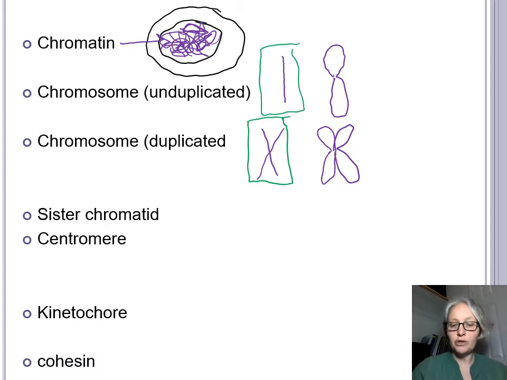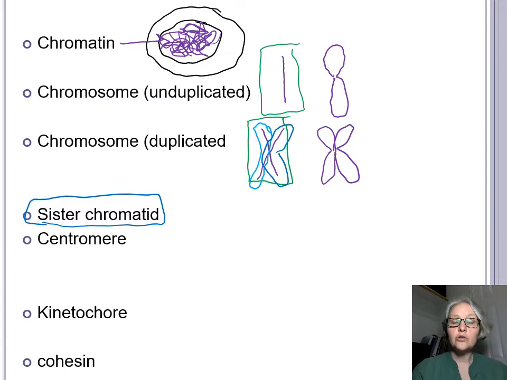As we look at our duplicated chromosomes, we can identify some additional features. In our duplicated chromosome, we want to sometimes talk about 1/2 of the duplicated chromosome in relationship to the other half of the duplicated chromosome. Those are called sister chromatids. Sister chromatids only ever exist as buddies. They do not exist singularly.